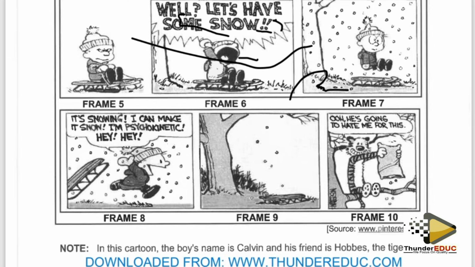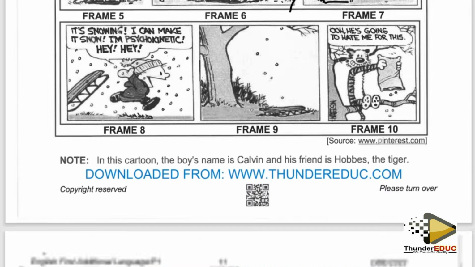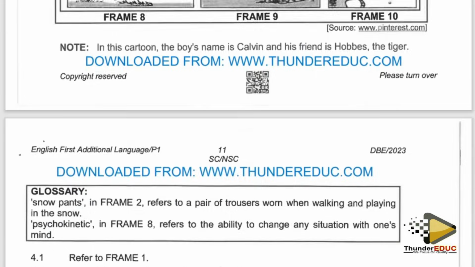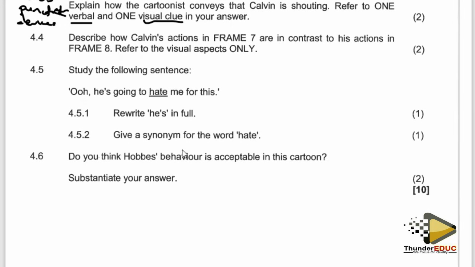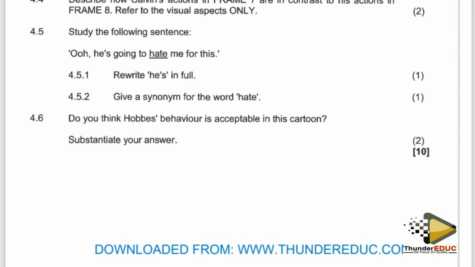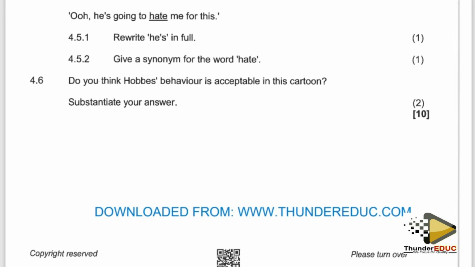So is his behavior acceptable? No, it is not, because it is deceiving Calvin. His behavior is not acceptable because there is no snow. When he leads Calvin to think that there is snow, Calvin is going to be more hurt when he discovers that there was no snow. So Hobbes' behavior is not acceptable. So that's what we are having for our cartoon there.